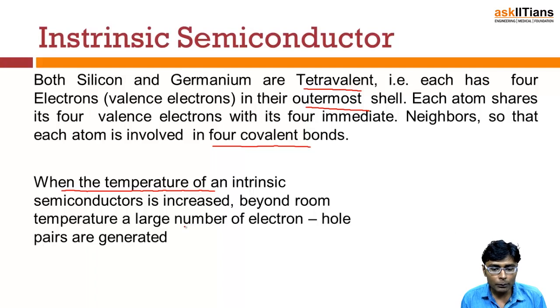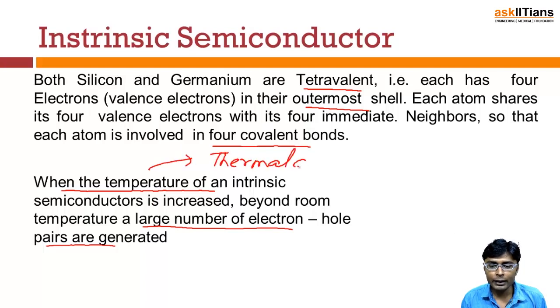So a large number of electron hole pairs are generated. When electron hole pairs are generated due to the increase in temperature, this process is called thermal agitation.